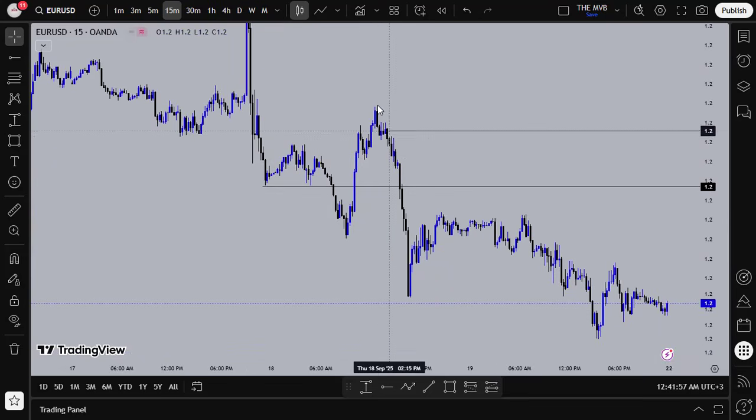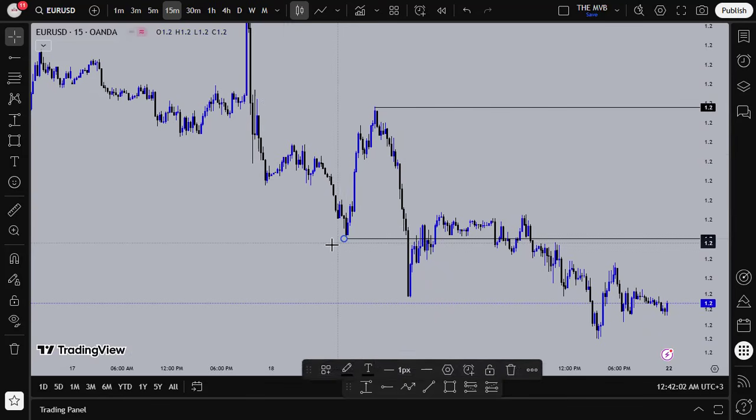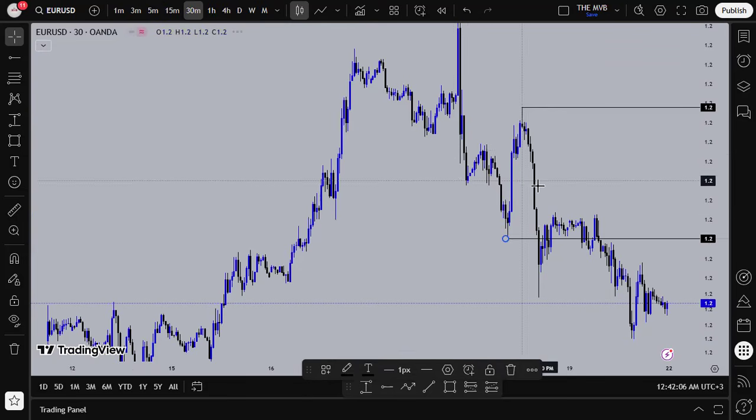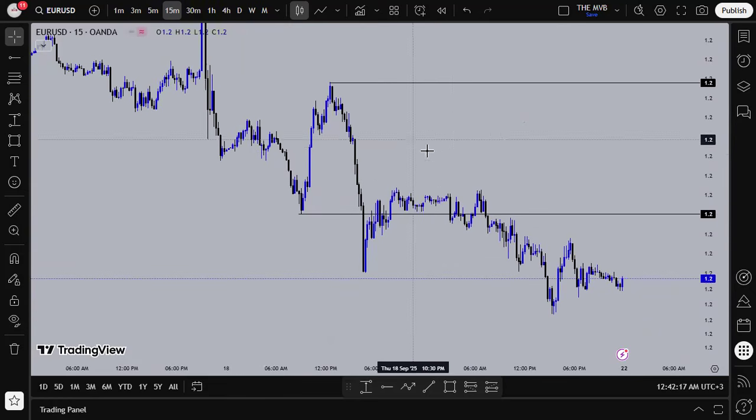And also we find another break of structure right here, and if you verify that structure, this was a valid structure. So inside this area, we need to wait for the price to come in and look for areas to place an order.